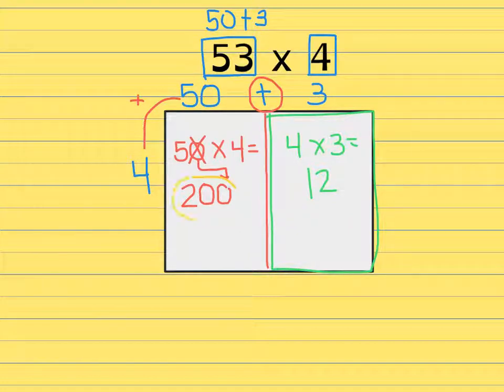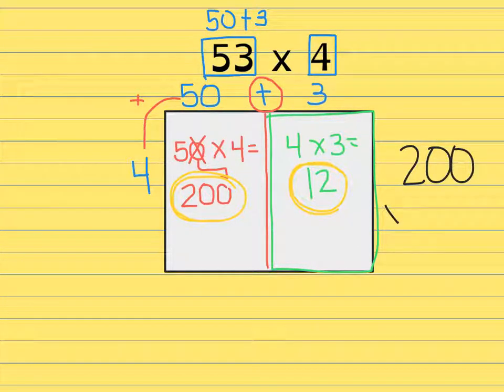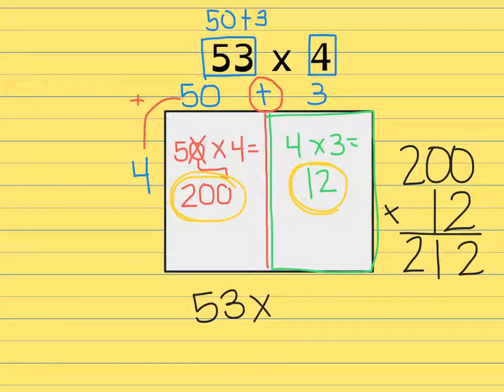Now that I've found my numbers through multiplication, I need to add them together. 200 plus 12. 0 plus 2 is 2. 1 plus 0 is 1. And 2 plus 0 is 2. 53 times 4 equals 212.